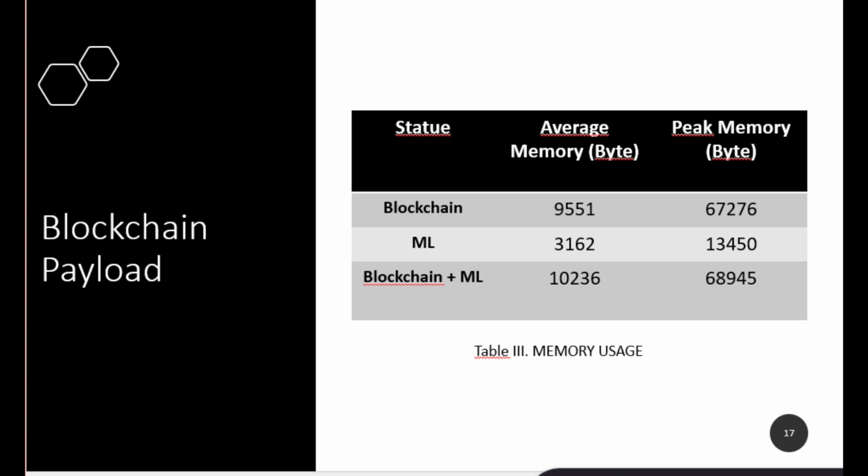The memory consumed by the system in RAM was measured when only the blockchain module was running, only the machine learning module was running, and both modules were running. The table shows the experimental results of memory usage. As can be understood from the results, when designing a system using blockchain, the amount of memory that will be needed beforehand should be taken into account.